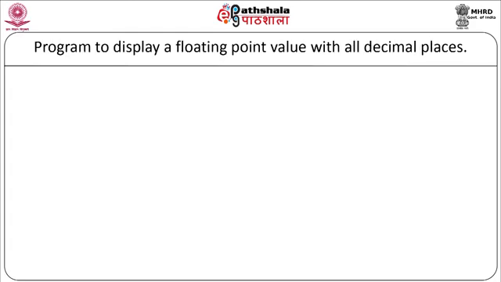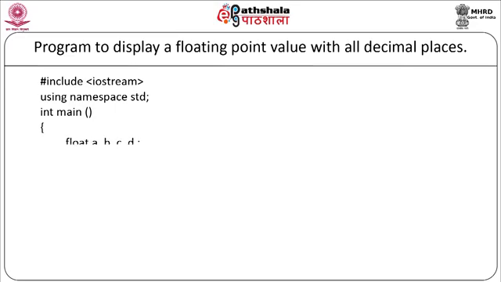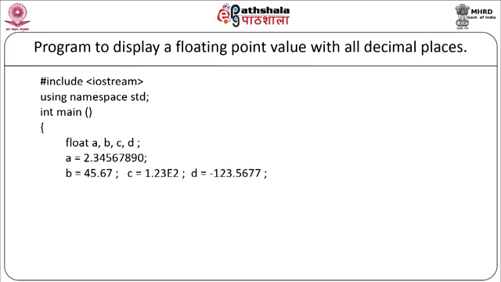Now let's see a simple program to display the floating point value with all decimal places. We'll start with the program. #include <iostream>, using namespace std, int main, float a, b, c, d. Now we are giving different values to these float variables: a equal to 2.34567890, b equal to 45.67, c equal to 1.23e2, d equal to -123.5677.